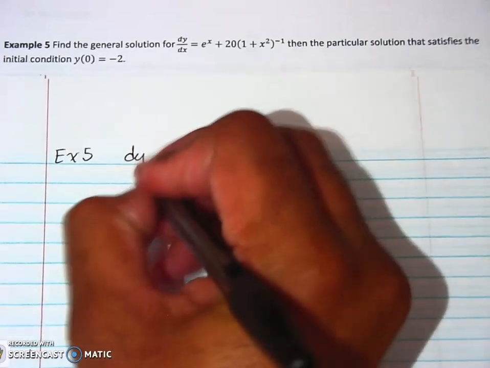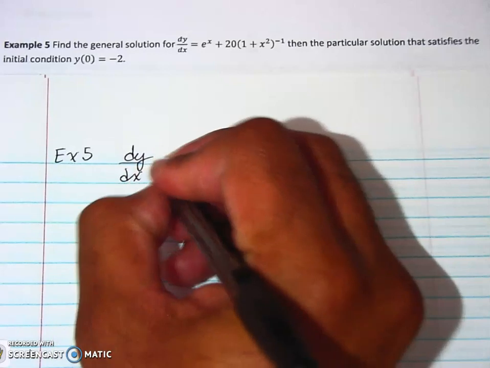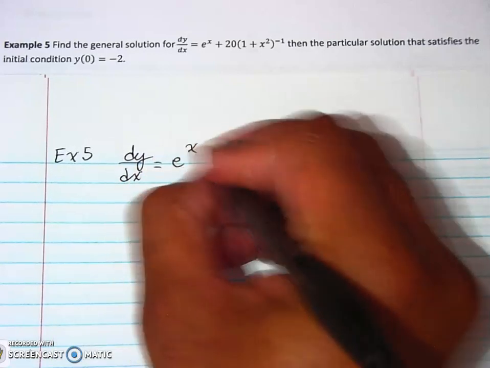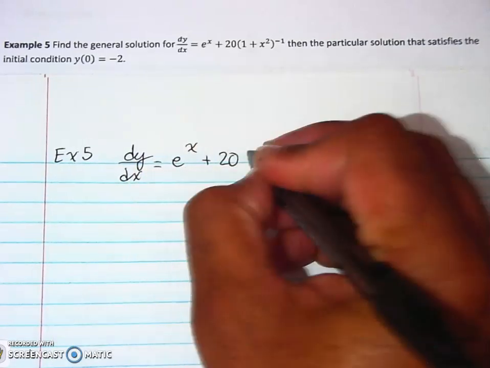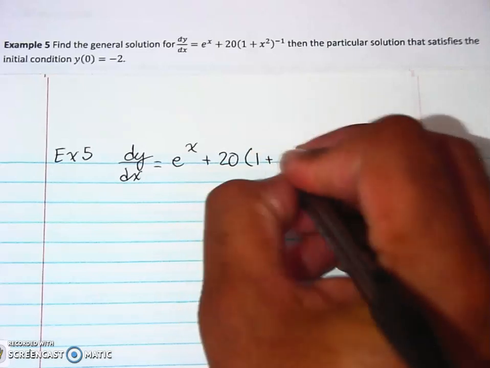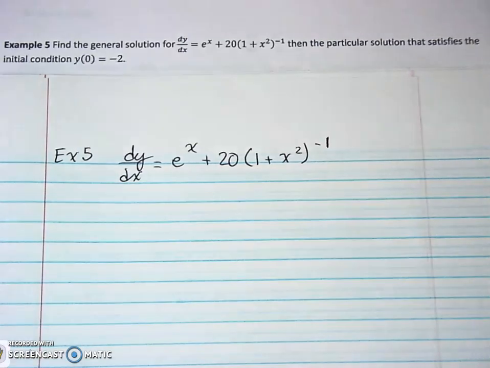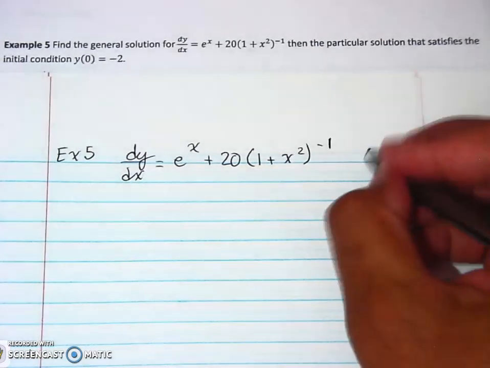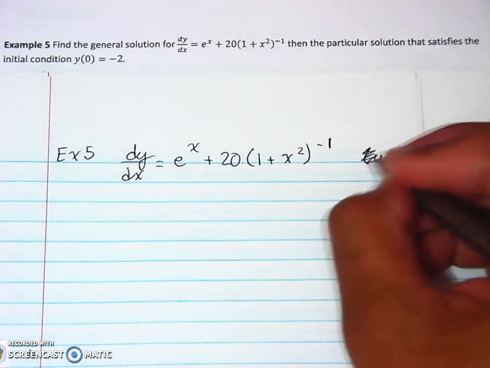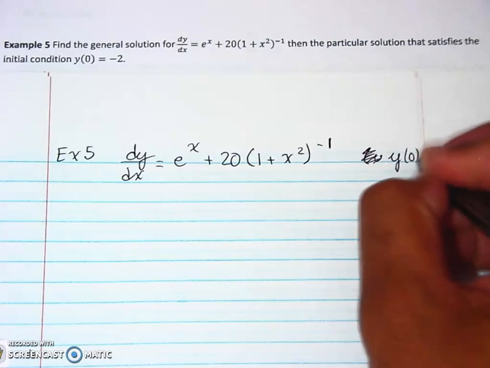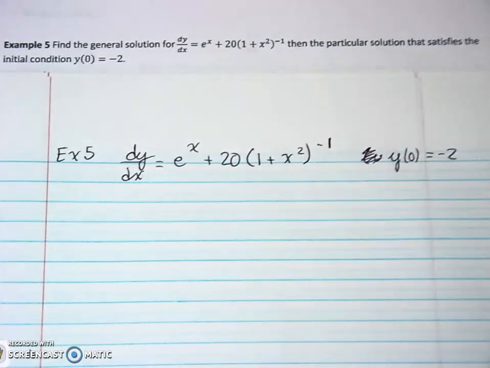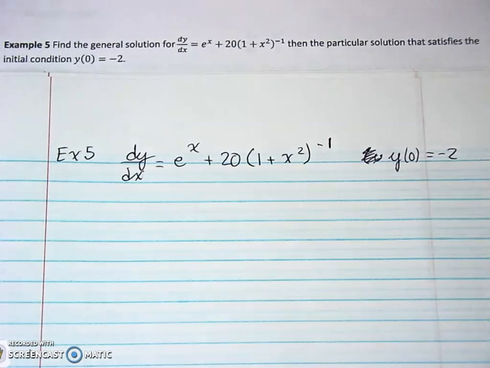They give you the equation. And then they give you the initial value, y of 0 equals -2. And that's why I say don't use pen, because then it looks bad like that. So let me change colors real quick.